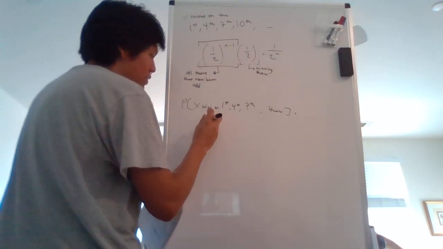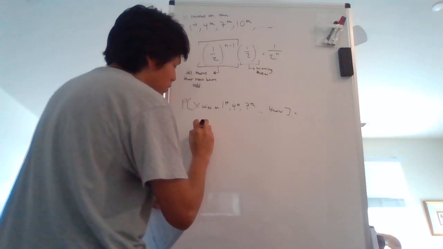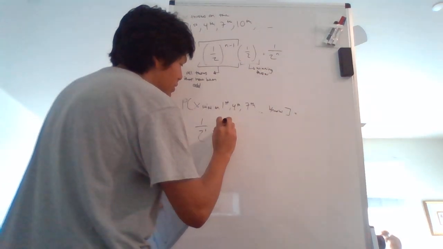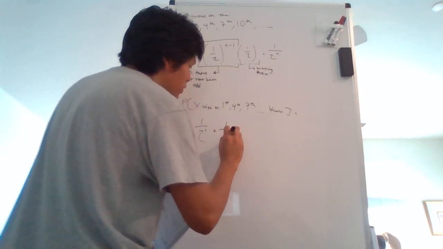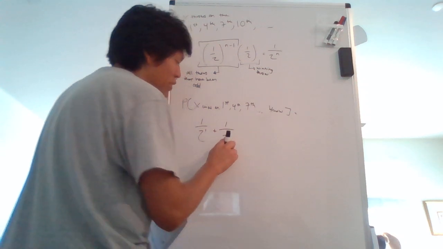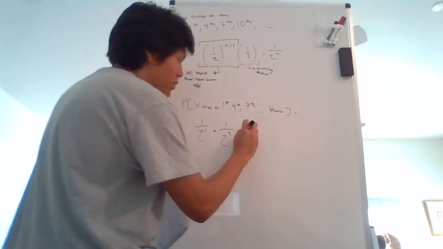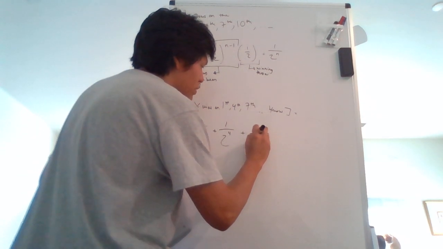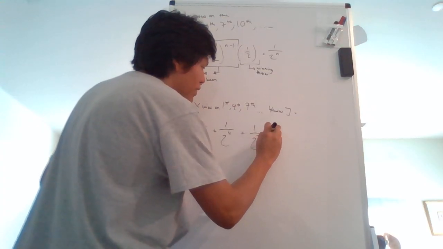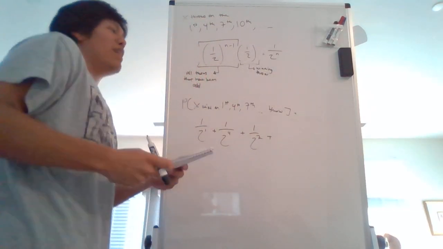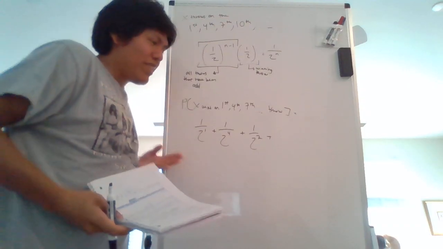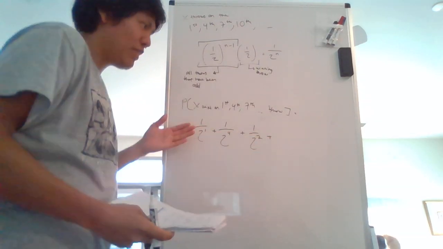Let me make this a little bigger. So again, it's 1/2 plus 1/2 where the n gets replaced with a 4, plus 1/2 where the n gets replaced with a 7, plus, and like I said, this realistically could go on forever.